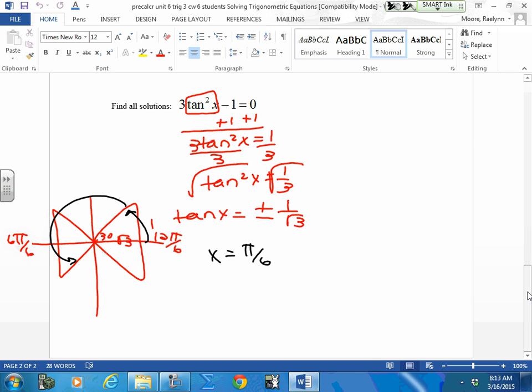Pi over 6 plus n pi. And then which other angle should I do and do its opposite? I took care of this one and this one. 5 pi over 6 plus n pi, where n is any integer.